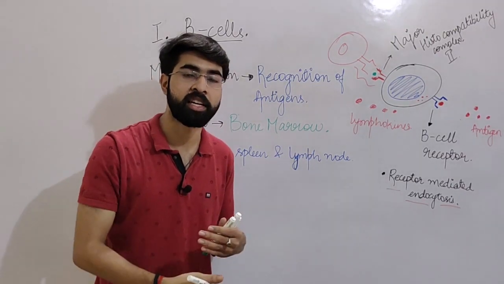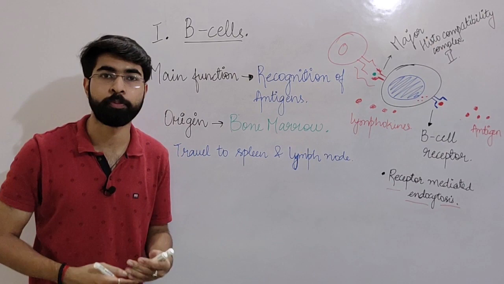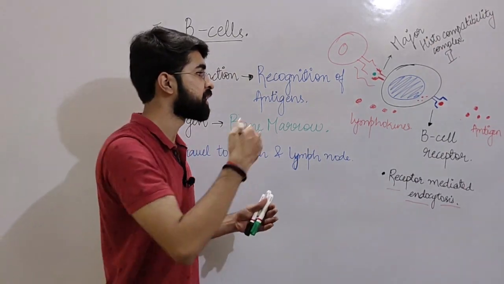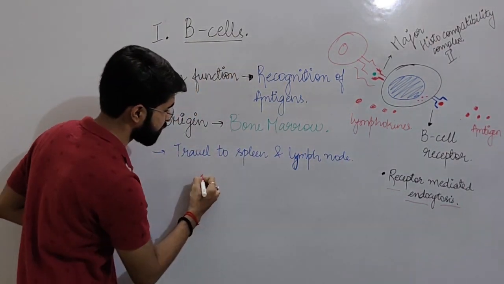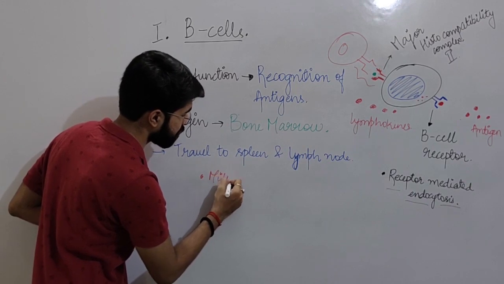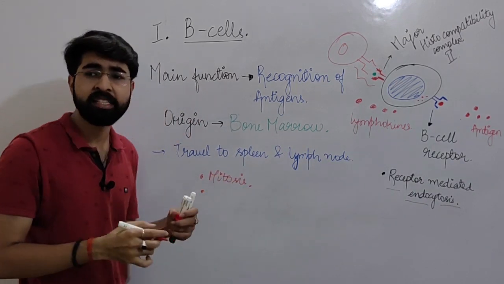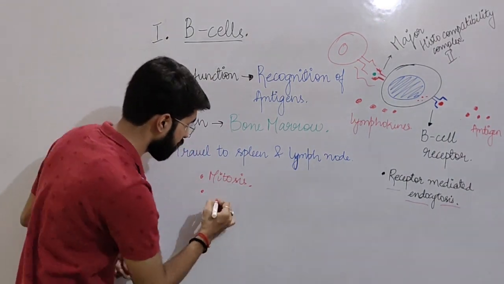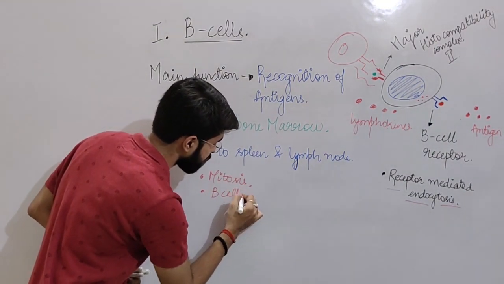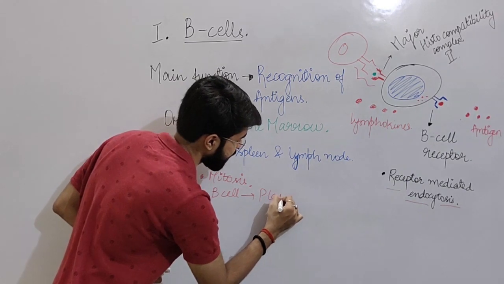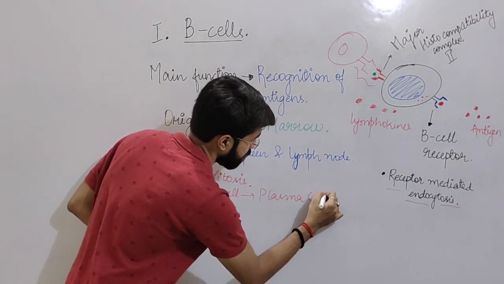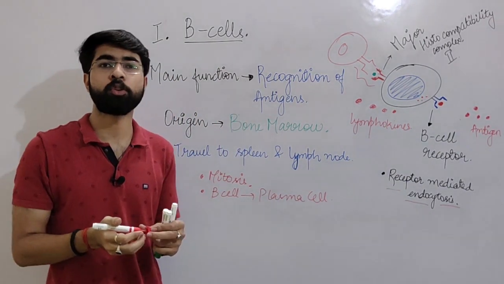Because they start the signaling of increasing the number of B cells in the near area. First they start the process of mitosis, and the next is they start conversion of B cell to plasma cell.